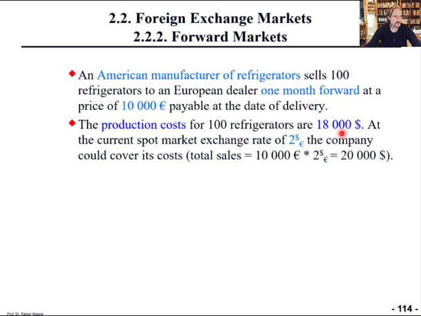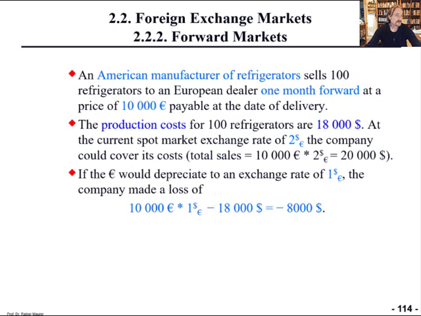At the current spot market exchange rate of $2 per euro, the company could cover its costs and make a profit. In this case, 10,000 euro would have a market value in dollar of 20,000, which is sufficient to cover the costs and still have a profit of $2,000.